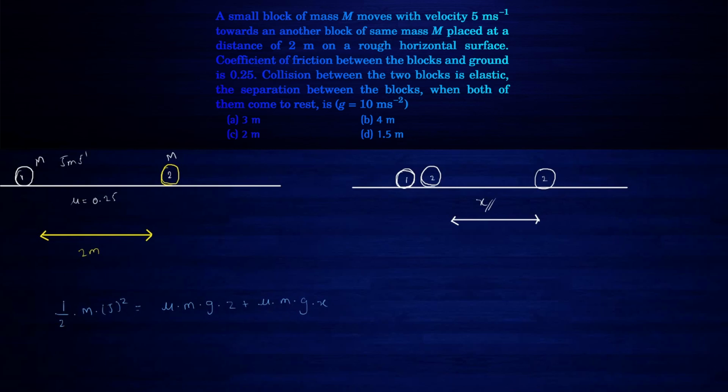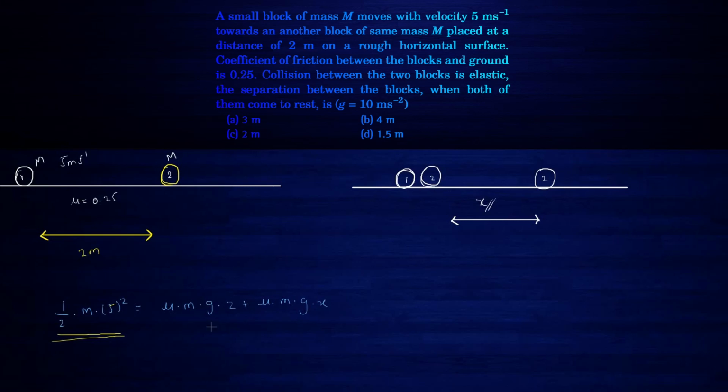So what it says is the initial energy is half m v square, as the kinetic energy is the only energy contained by the system. After body 2 stops, the kinetic energy of the system will be 0.